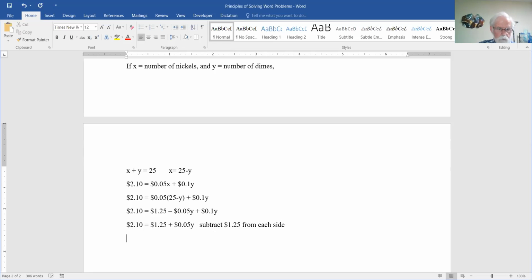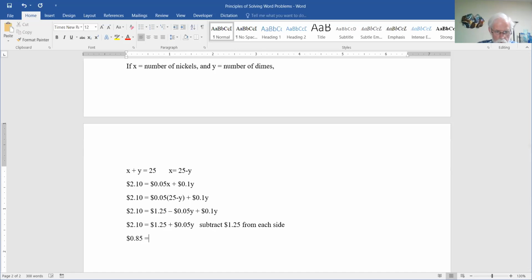So if we do that, then this becomes 2.10 minus $1.25. We're talking about $2.10, minus $1.25. My bad. Left to right.